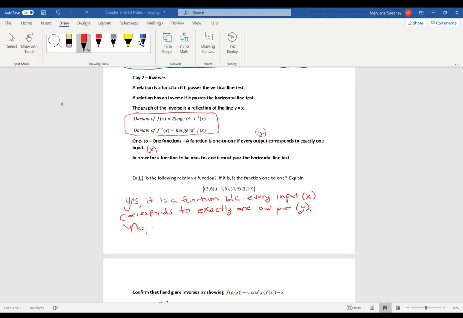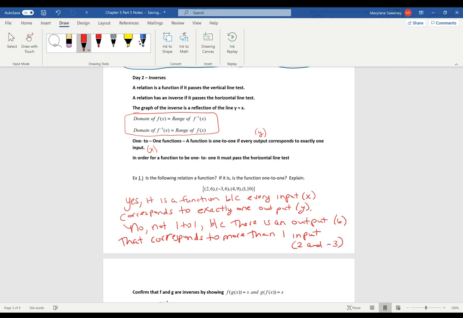So we're going to say no, not one-to-one, because there is an output, and I could specifically say 6, that corresponds to more than one input, and that'd be 2 and -3.